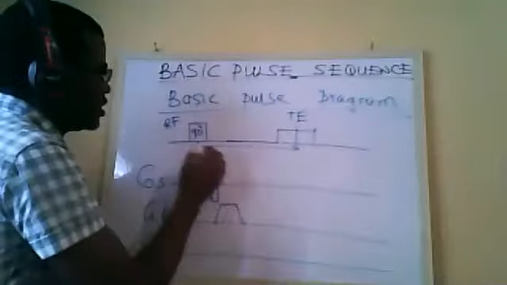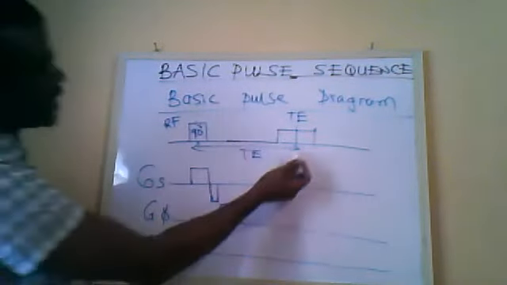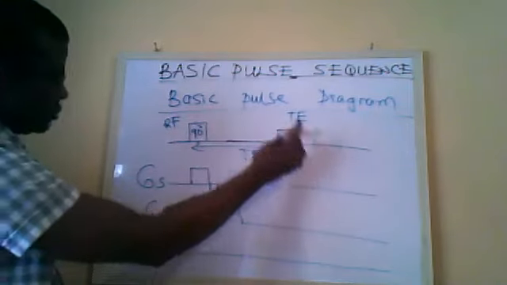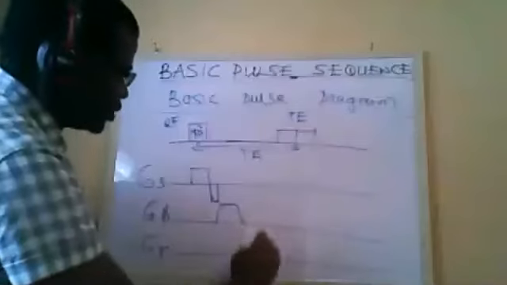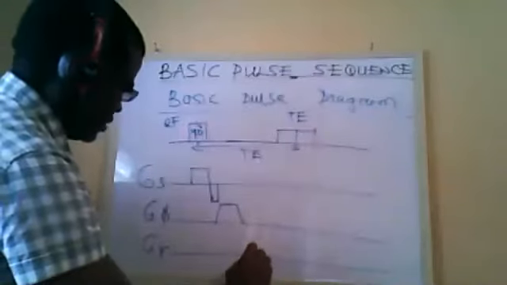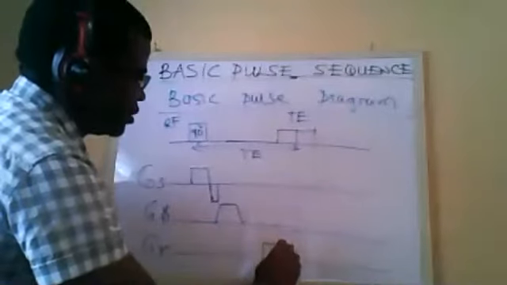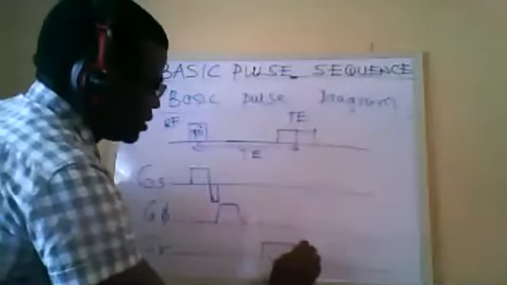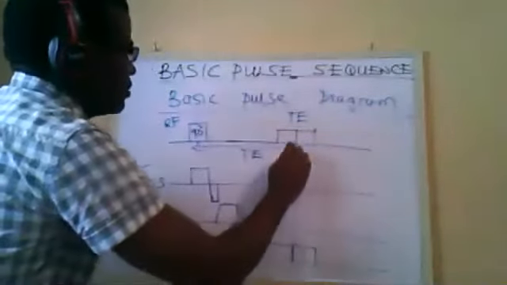So this is our TE for this diagram. So we sample at the time when we turn on this gradient, so that at this point we are going to have a sample.